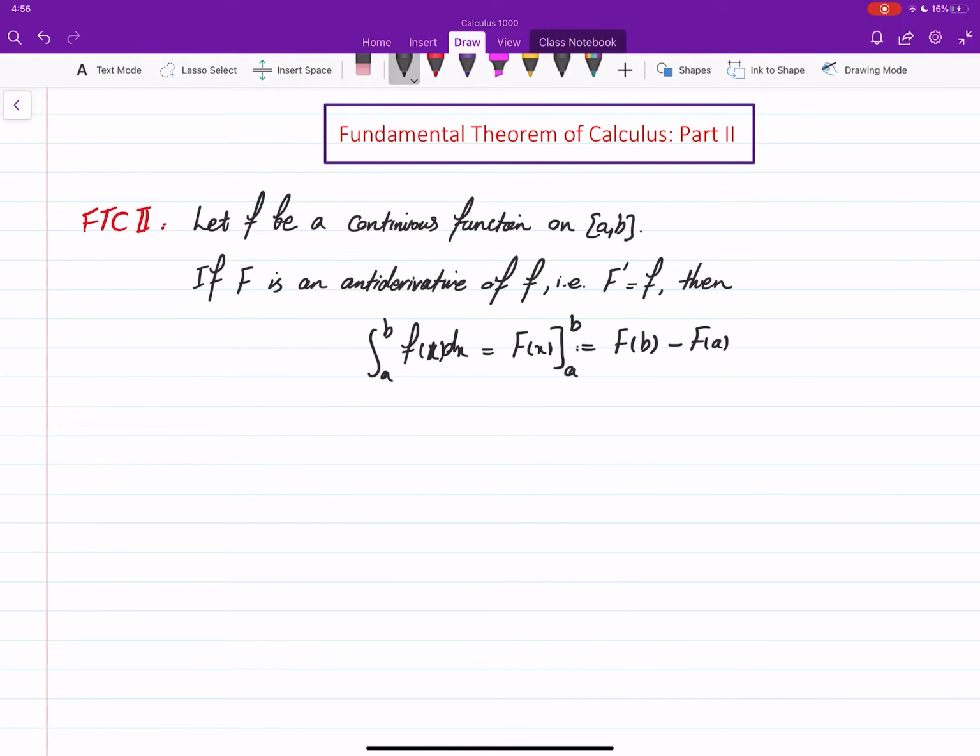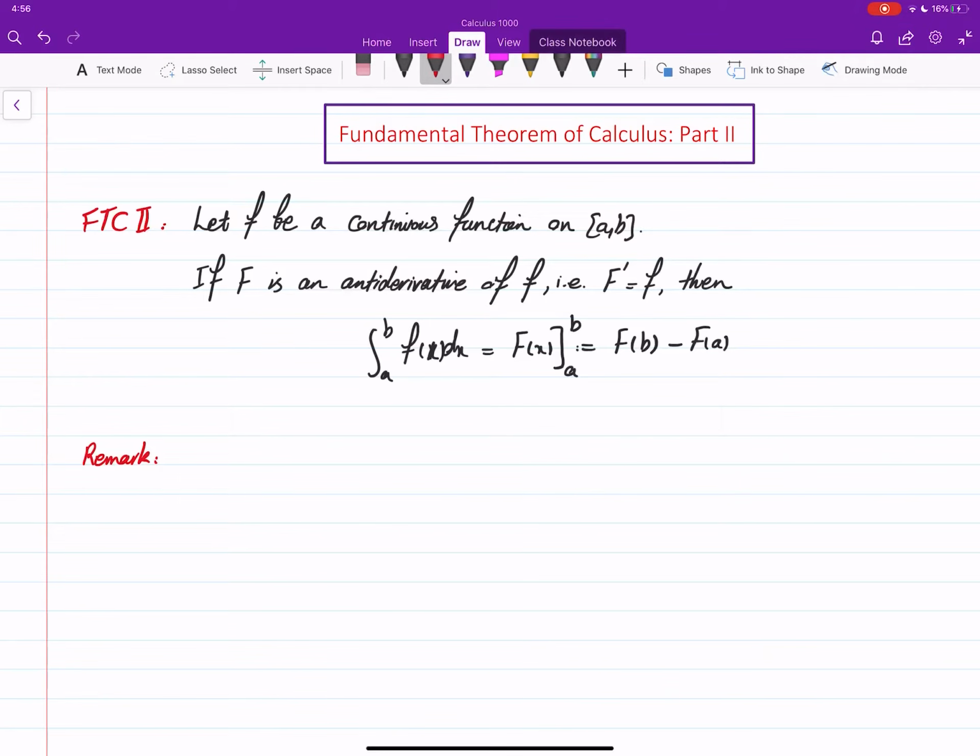So you see that the right hand side gives us a number, and that is equal to the value of the definite integral we were looking for. Well, you see that this says that to evaluate a definite integral, you need to find an antiderivative.